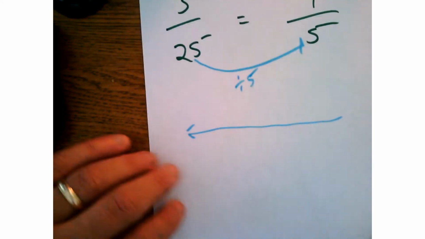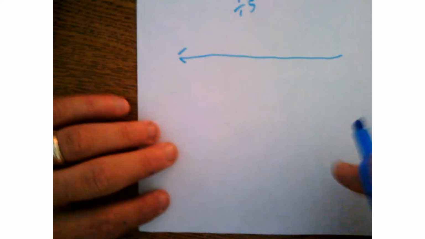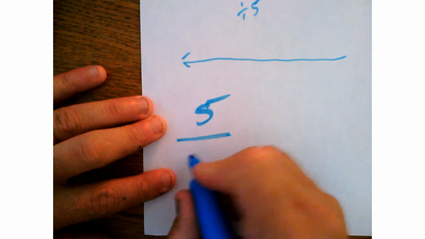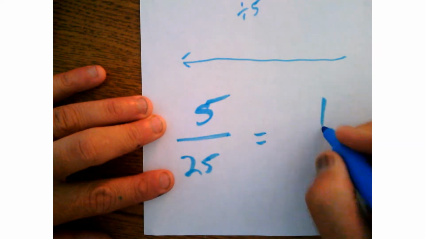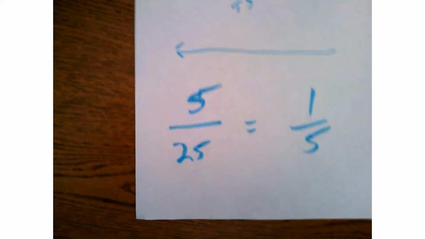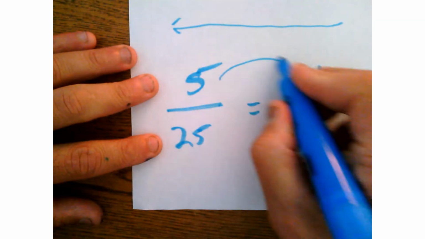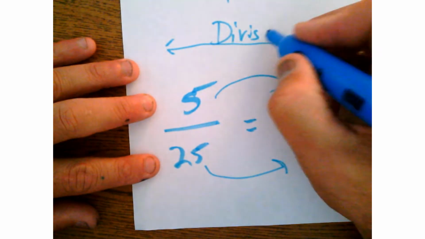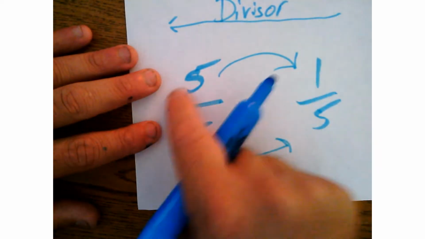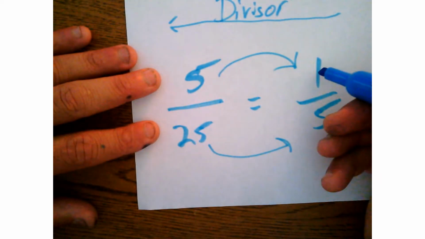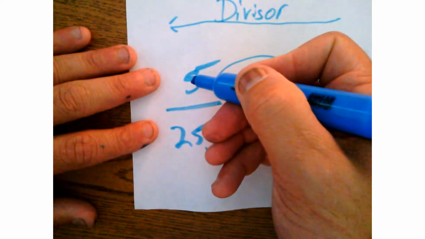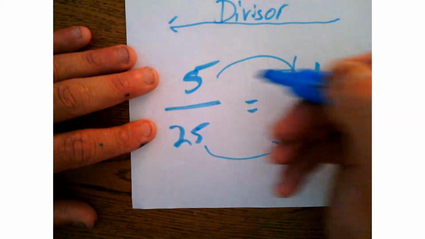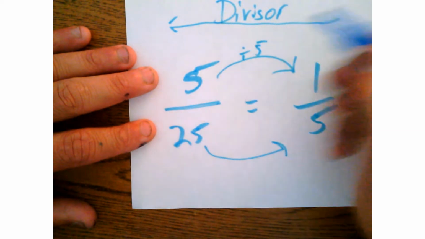You could also ask yourself this question. Let's say I'm not great at division. I know I'm moving like this because I need to know the divisor, but I'm not good at division. Could you ask, well, I could look at it this way. 1 times 5 is 5. So if 1 times 5 is 5, 5 divided by 5 is 1.